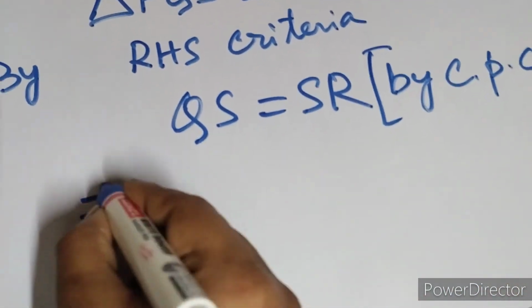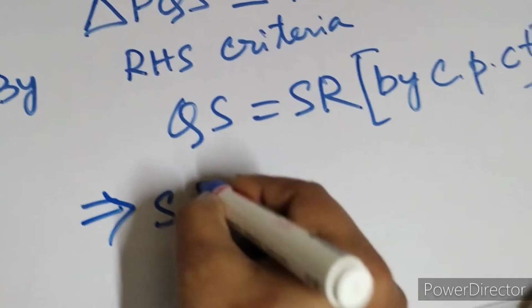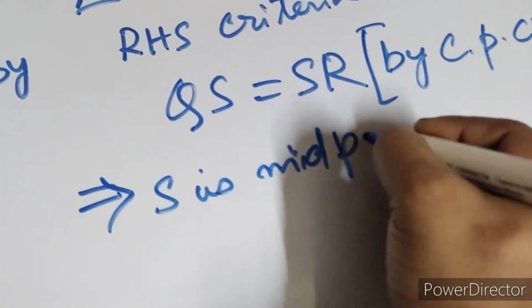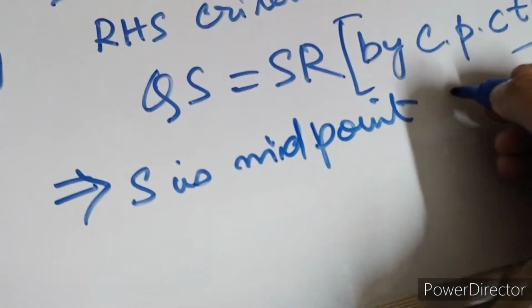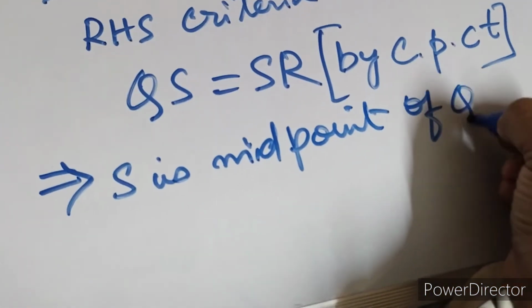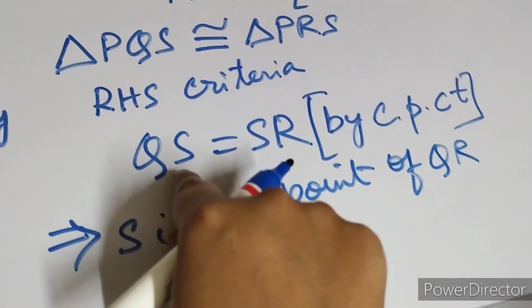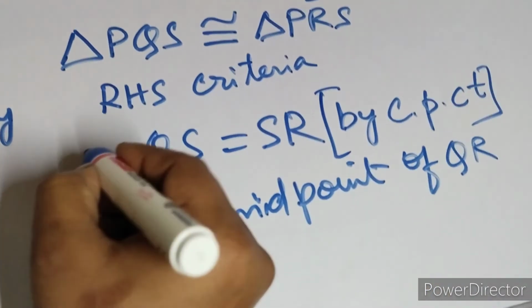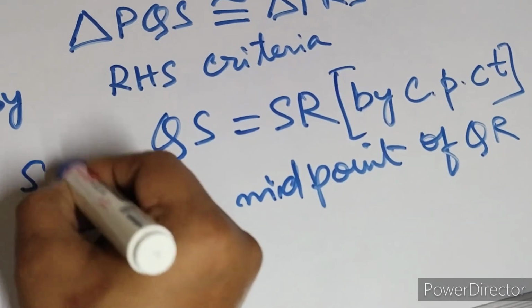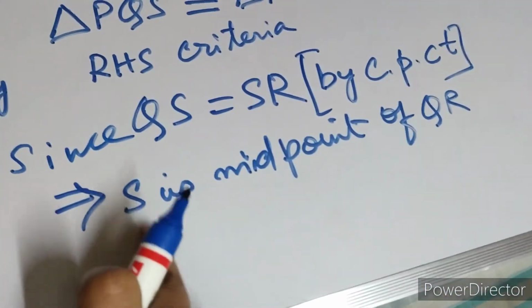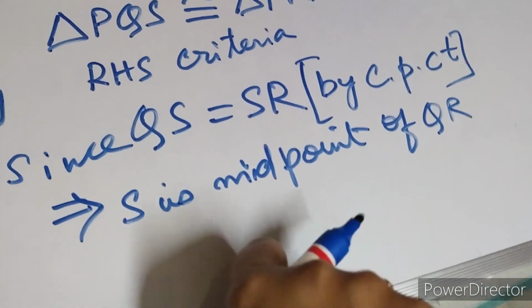The reason we have stated before: since QS is equal to SR by CPCT, which implies S is the midpoint of QR.